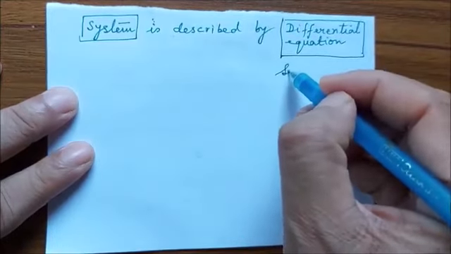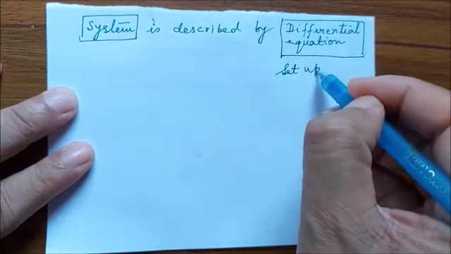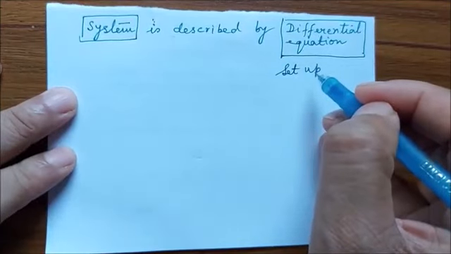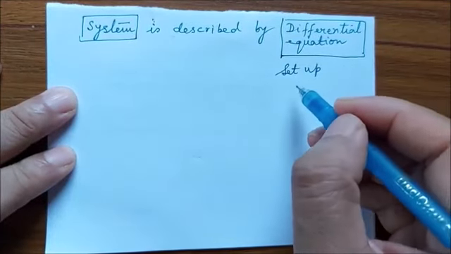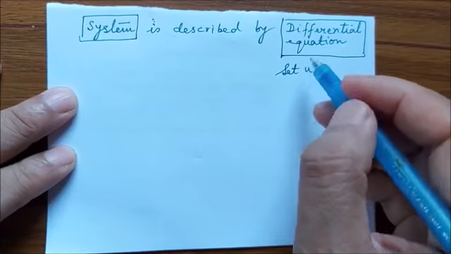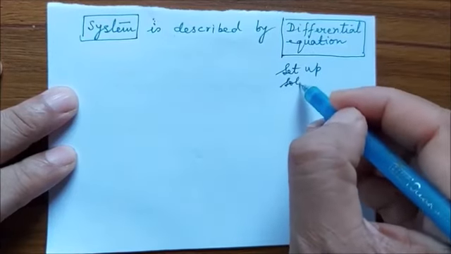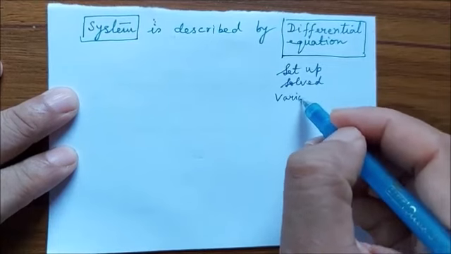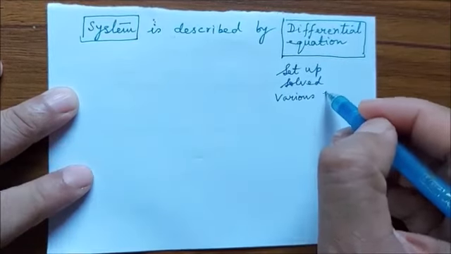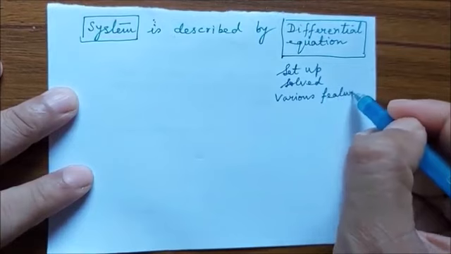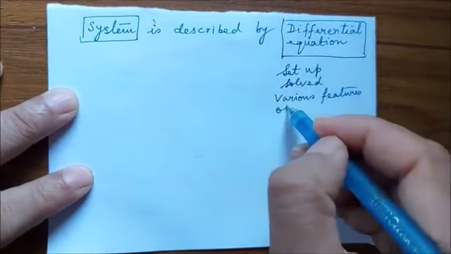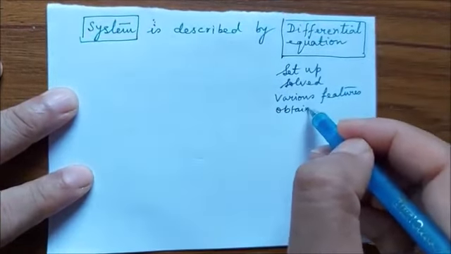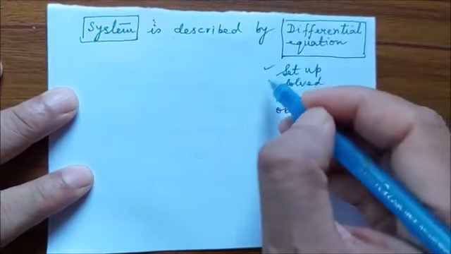Differential equations are set up for a system based upon certain logics, and then this differential equation is solved to get various features or characteristics of the system. So these are the steps.